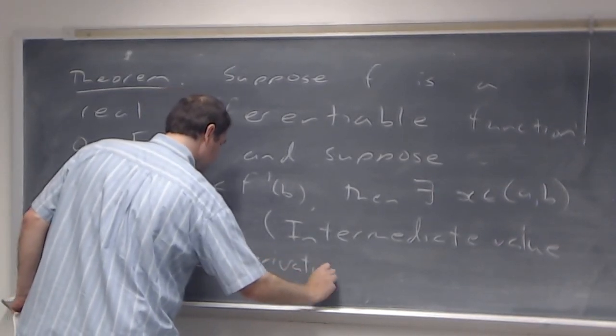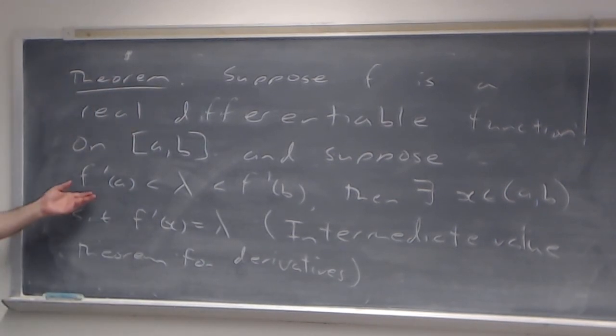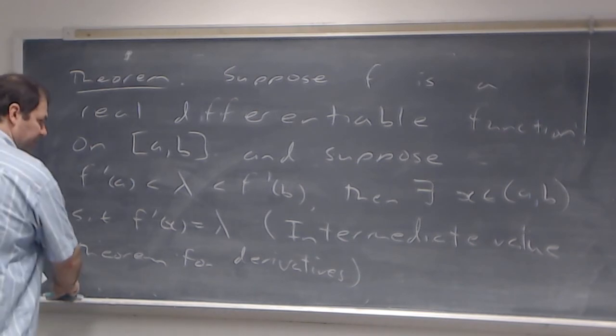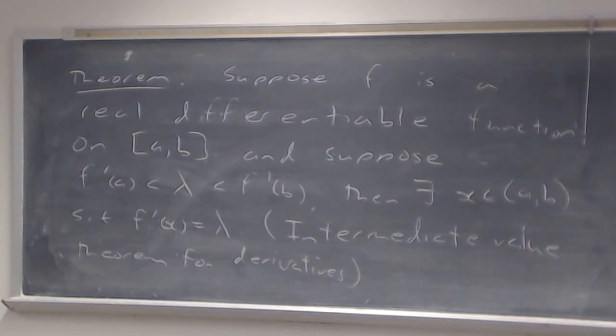It's saying that if you give me some number in between f prime of a and f prime of b, then there's some spot in between a and b such that the derivative attains that number. So even though the derivative might not be continuous, it's going to get to every number in between f prime of a and f prime of b.